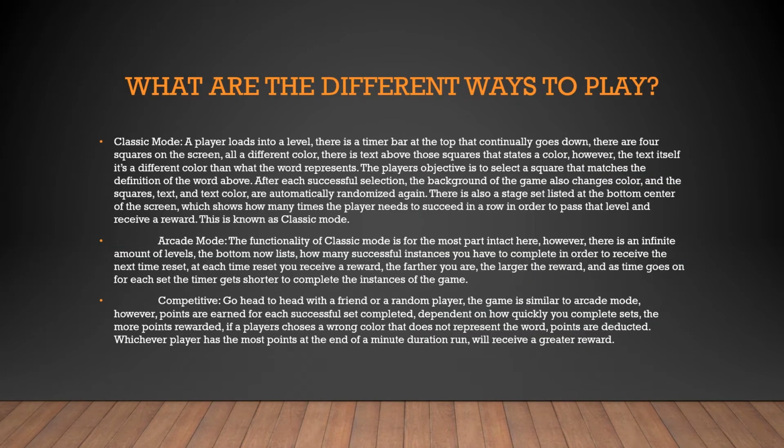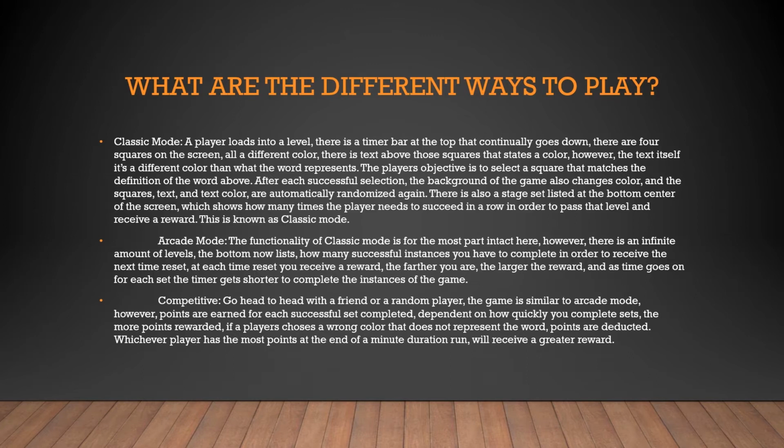So let's talk about those different modes. In the classic mode, the gameplay works exactly how I described just a moment ago. You read the word, you pick the corresponding color. When you launch into a level, and there's a certain amount of levels built into the game right now, at the bottom, it has a counter that will say when you start, perhaps 1 out of 5, 1 out of 10, just depending on what level you're playing.